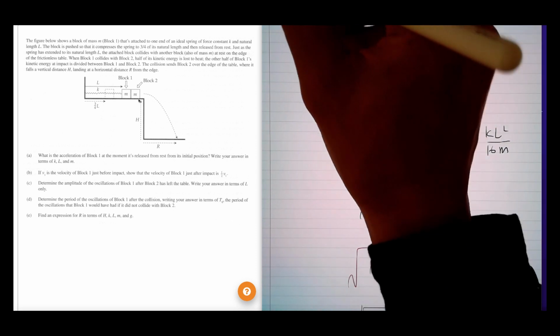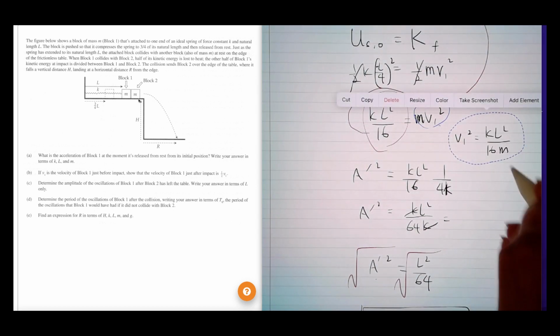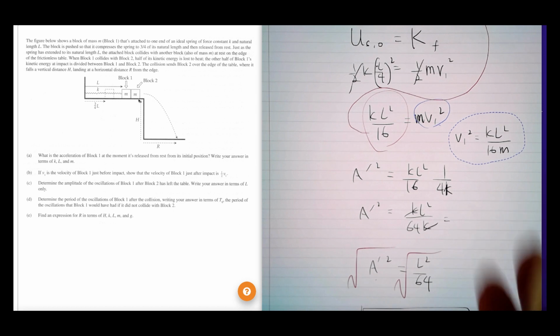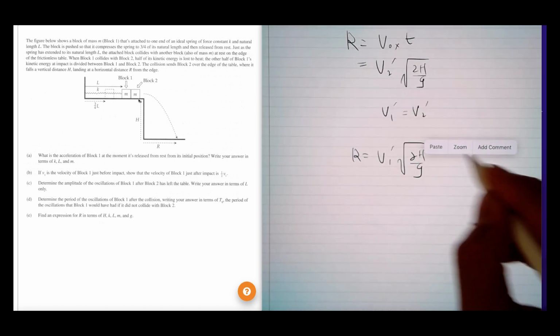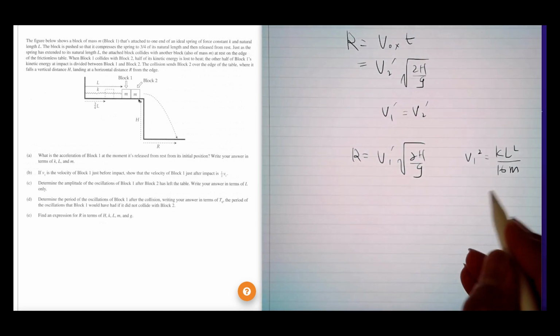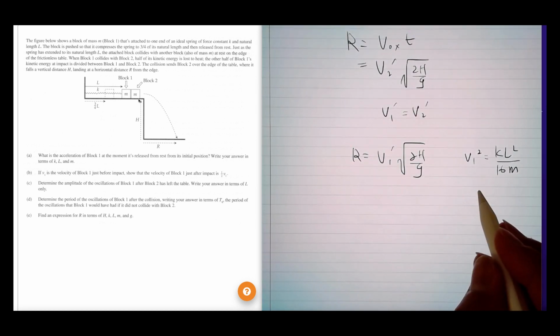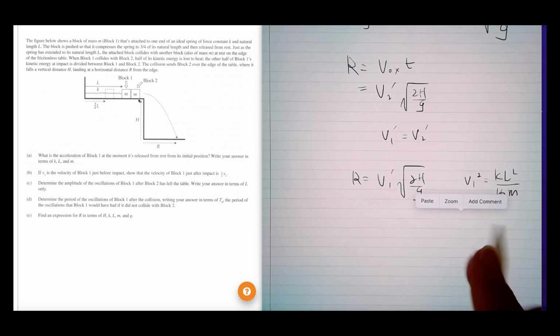I'm going to copy this. And let's see if that fits in our equation. Okay, let's try this. So that was the b1.